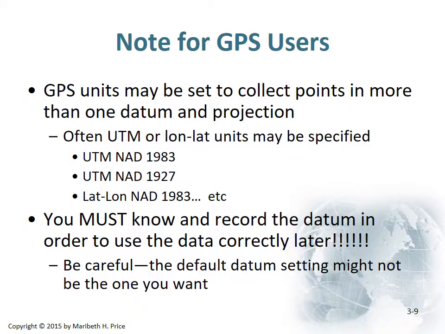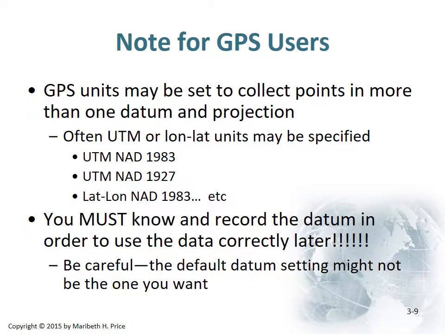So get into the settings, figure out what they are, understand when you are recording point locations, or if you're taking point locations off the screen and writing them down on a piece of paper, you need to know what datum that information is being measured in and if it's projected or not. Some GPS units will record point locations in projections. So you need to know what that is.